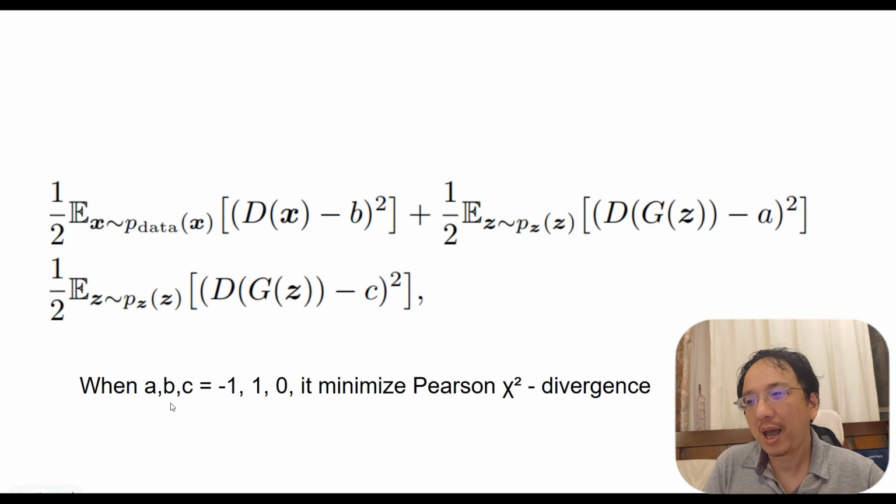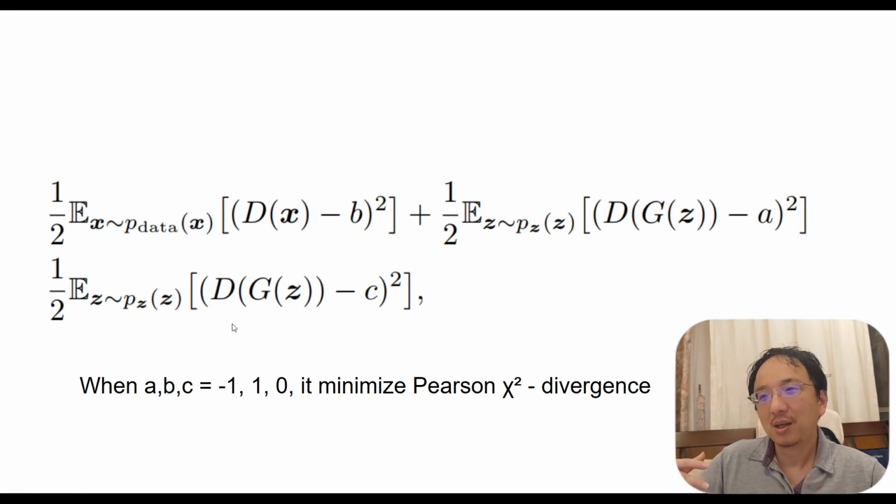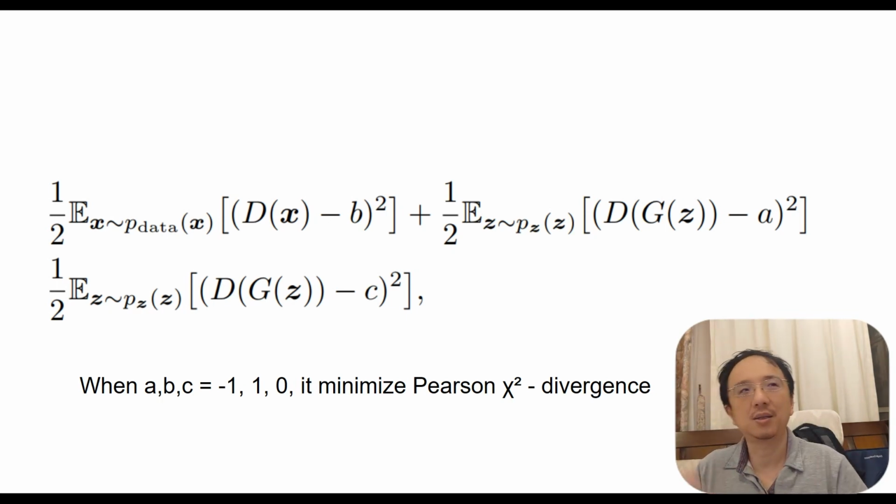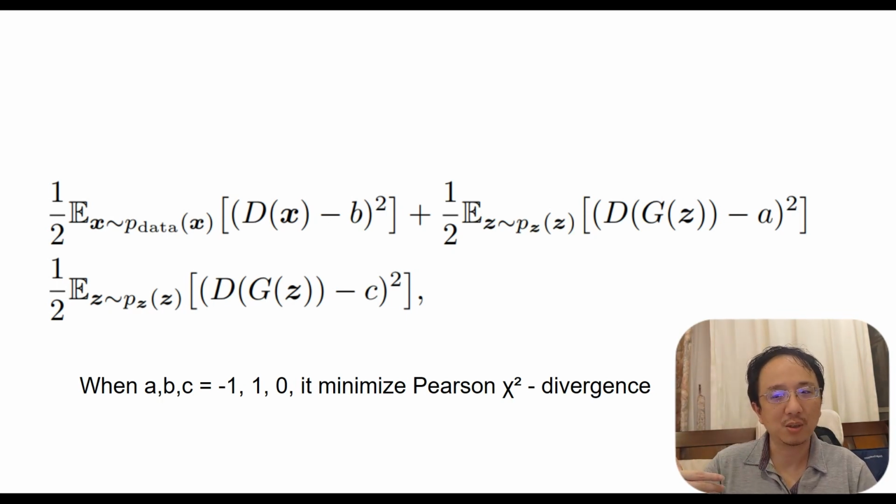When a, b, c are equal to -1, 1, and 0, if we are using this loss function, just like the original GAN, when we train the original GAN with the cross-entropy loss, in theory the difference between the generated distribution and the true distribution is minimized in the sense of minimizing the Jensen-Shannon divergence.